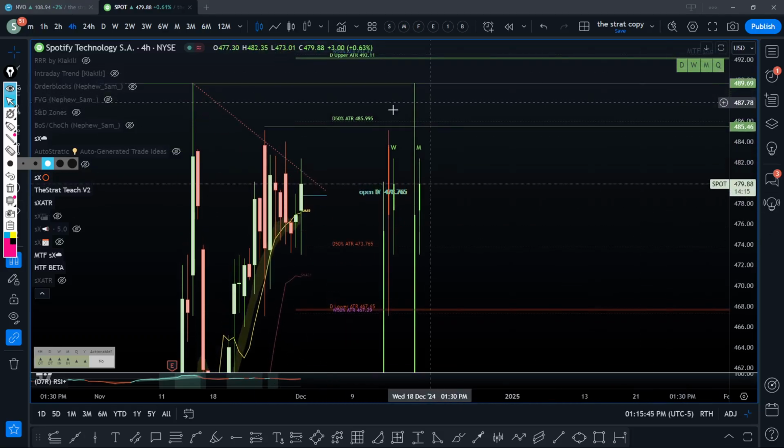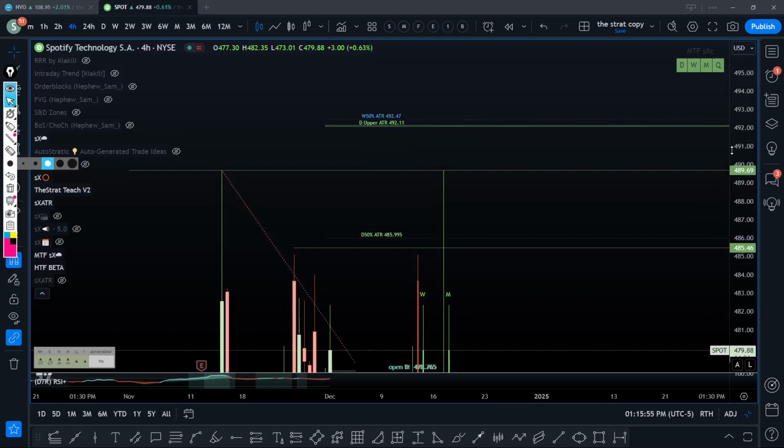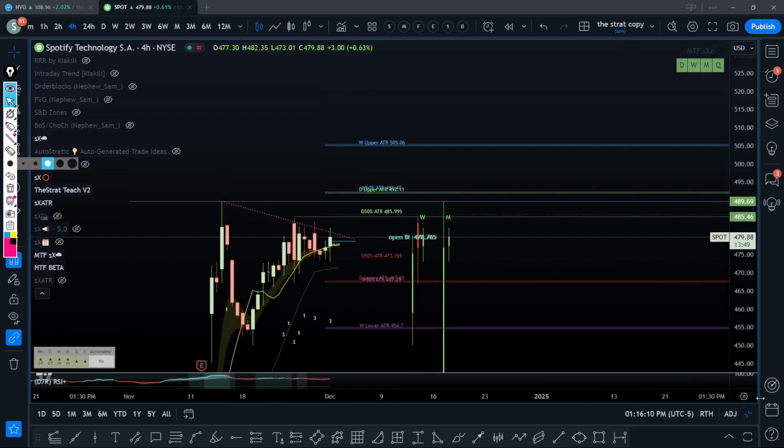If I want to be more conservative, I can consider the 492, which is half of the ATR for the week on Shopify. I can consider that even maybe this week or next week, or I could consider the daily ATR for the week, of 492 still. So that's kind of how I like to use that.